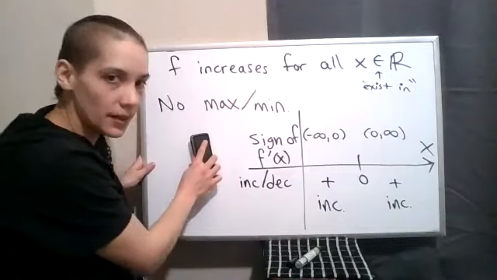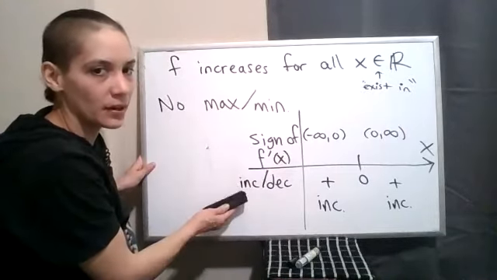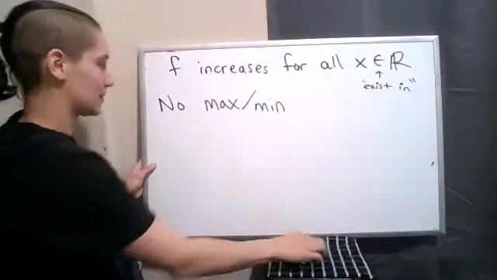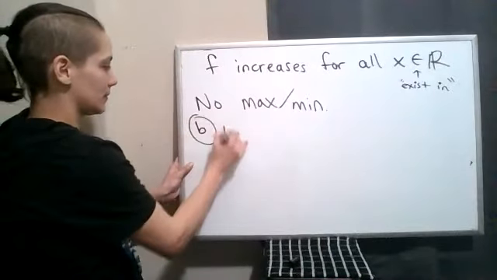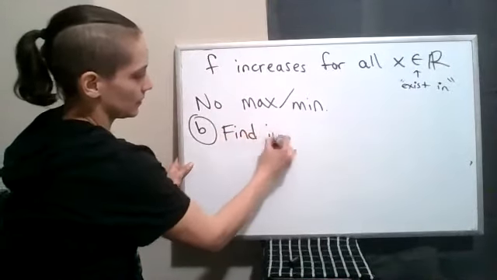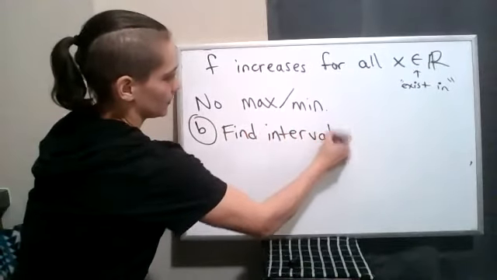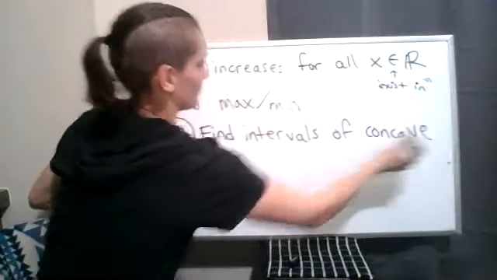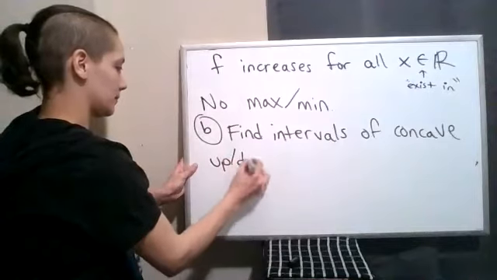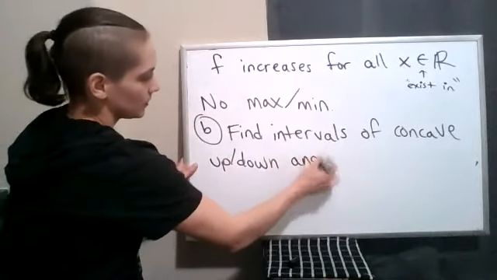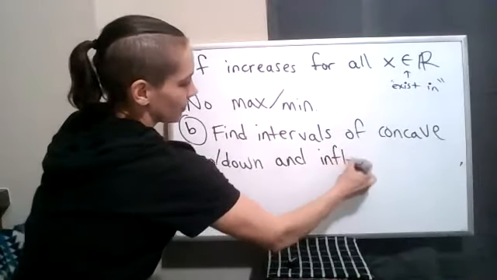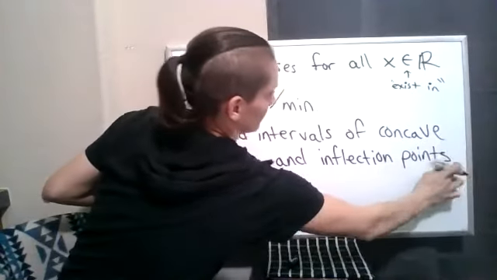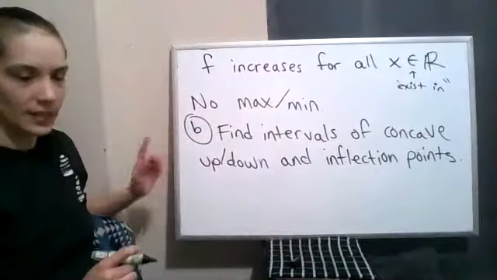So we do f double prime of x to look at concave up, concave down. Next part.